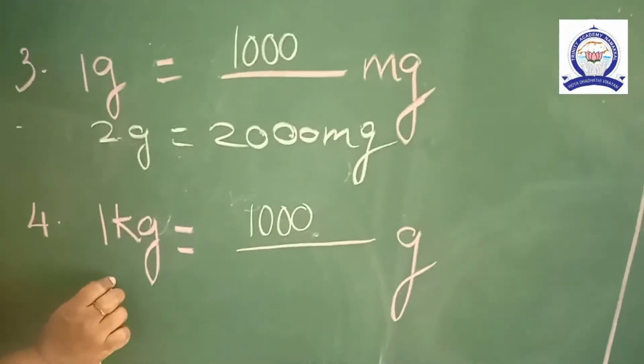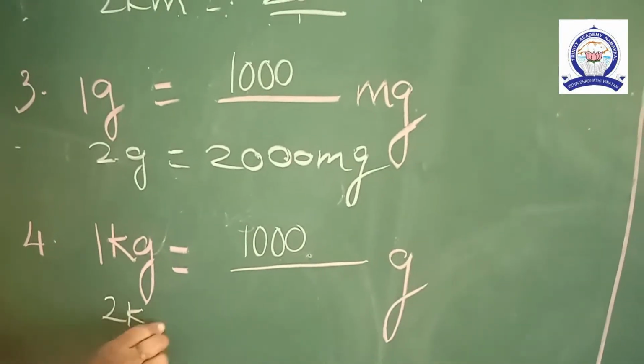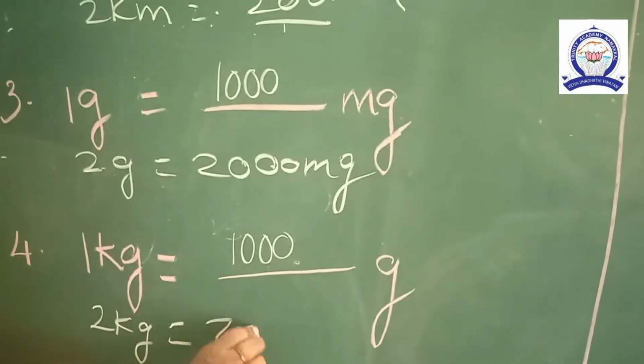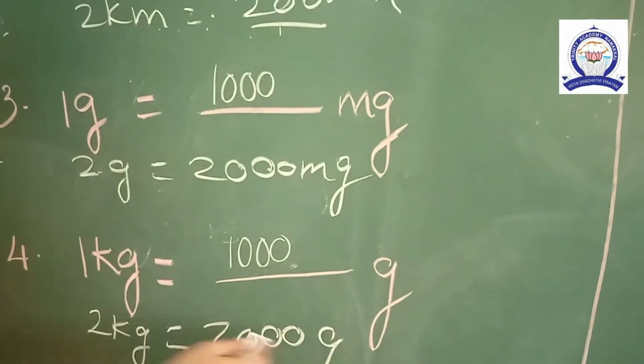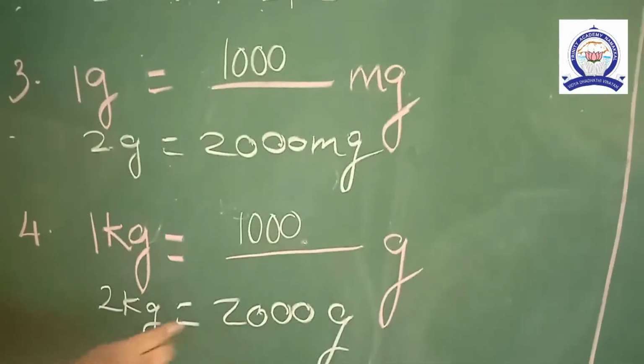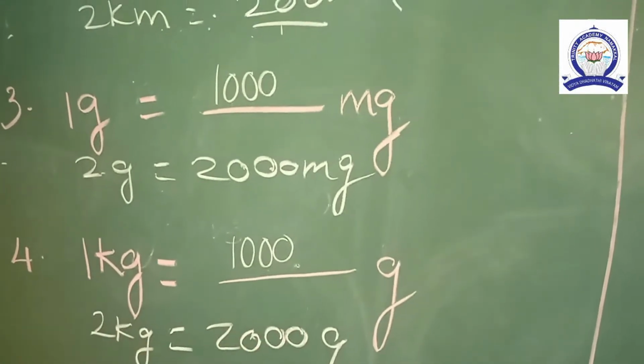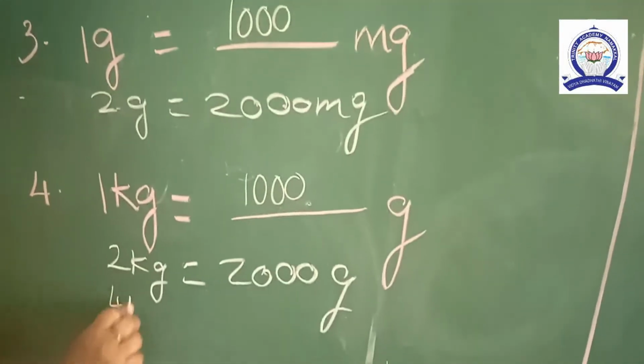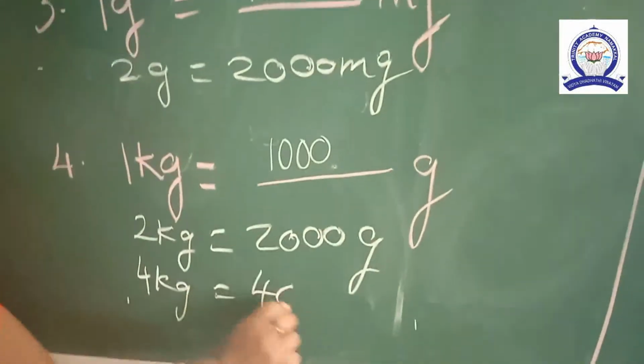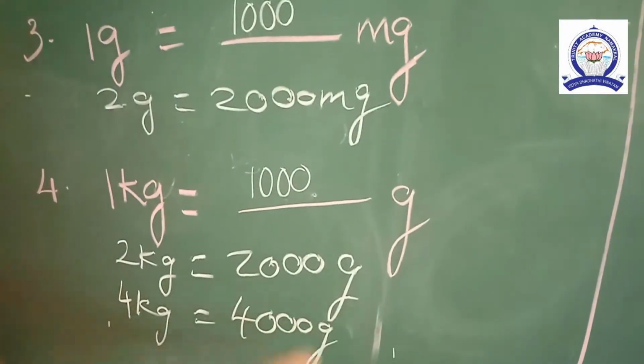Similarly, they will give 2 kilogram or 3 kilogram. 2 kilogram is equal to 2000 gram, 3 kilogram is equal to 3000 gram. 4 kilogram is equal to 4000 gram.